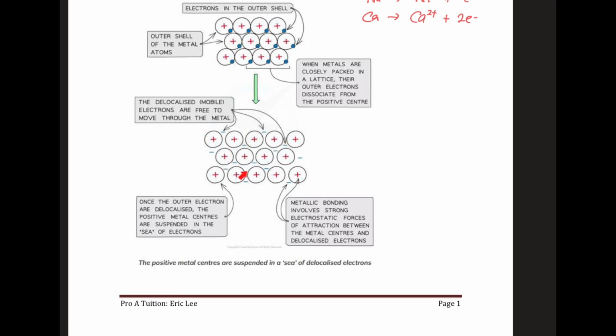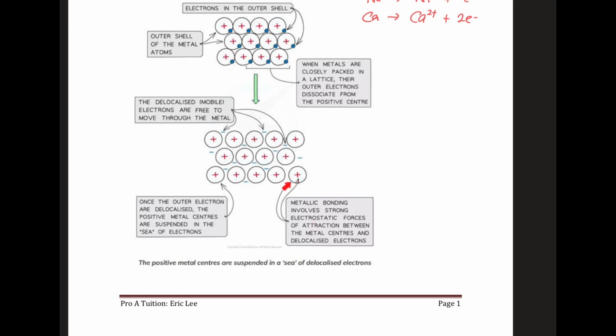Imagine stones in the sea. The stones arrange themselves neatly, and are surrounded by water. Something like that. So metallic bonding is the strong electrostatic forces. You hear these electrostatic forces again, meaning that between the positive and negative ions that attract each other.